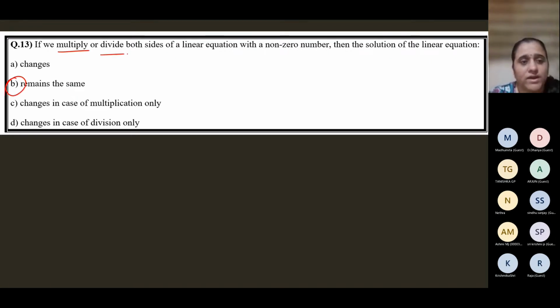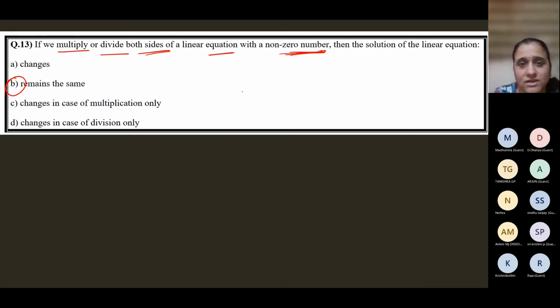When you multiply or divide both sides of the linear equation by a non-zero number, the resultant equation is called an equivalent equation. That new equation is called an equivalent equation.